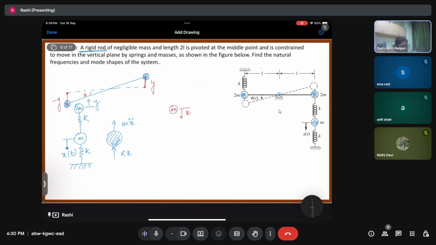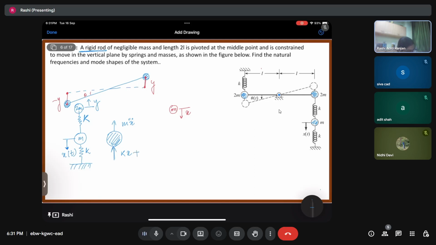So, if this is going up with y, the spring force that will act on this mass m will depend upon the relative displacement between 2m and m. If m is going downward with x and 2m is going upward with the displacement y, then the total displacement of the spring k is going to be nothing but x plus y, right? So a spring force will also act in the above direction.